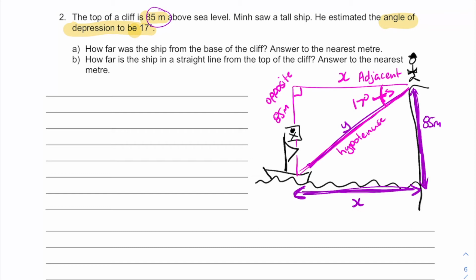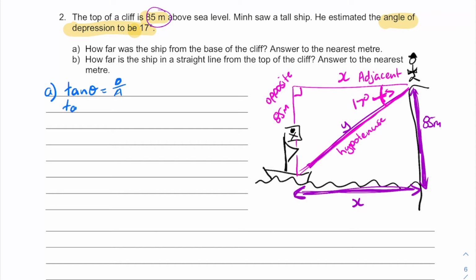Okay, so now we're still using tan because we don't need the hypotenuse just yet. Still using tan. So for A, we still want tan. Okay, now we plug in what we know.